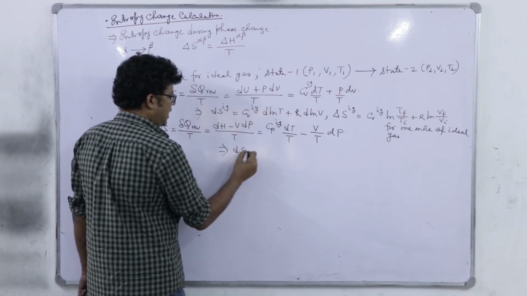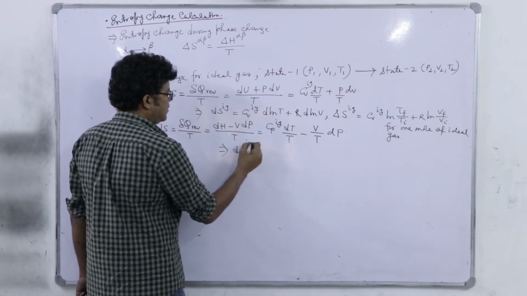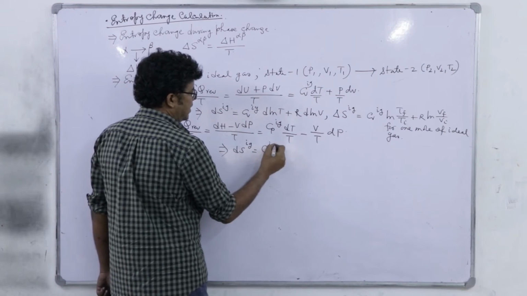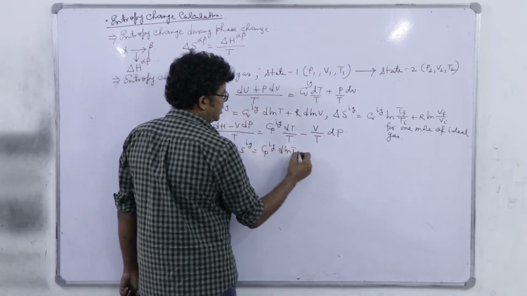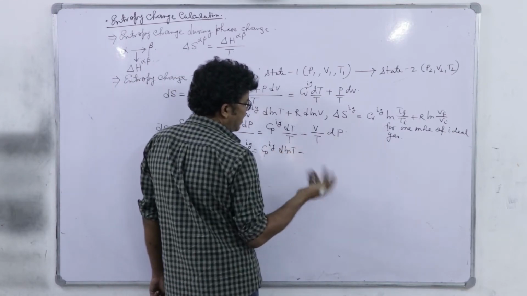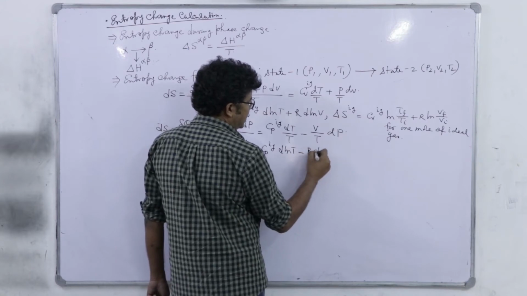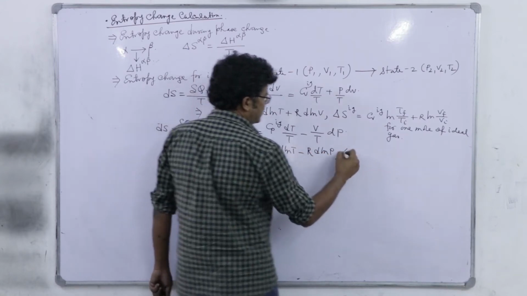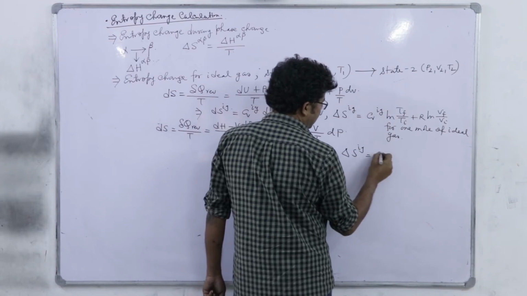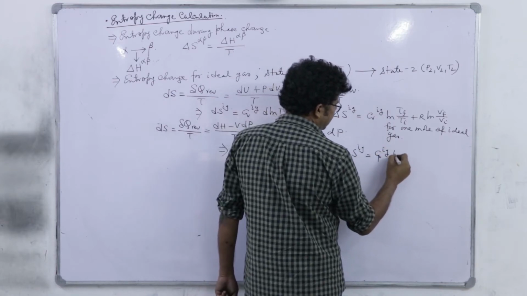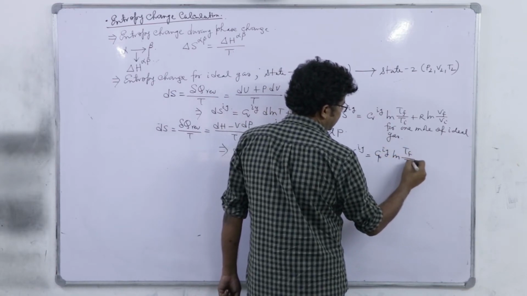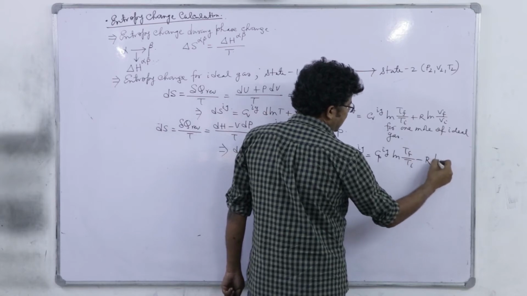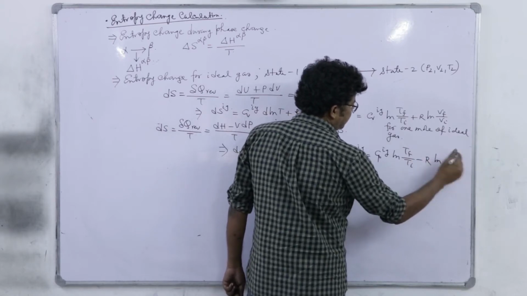So dS ig is equal to Cp ig d ln T minus R d ln P, since V by T is R by P. So delta S ig becomes Cp ig ln Tf by Ti minus R ln Pf by Pi.